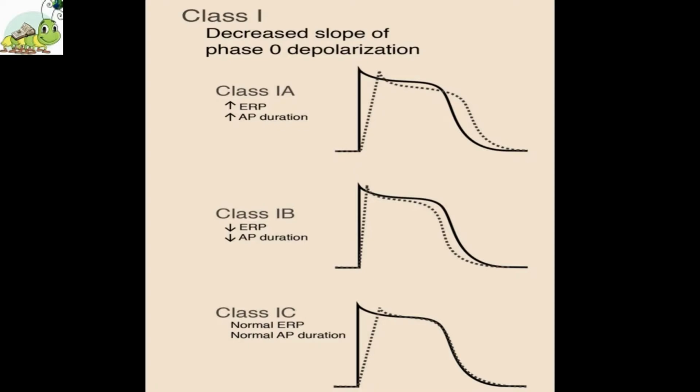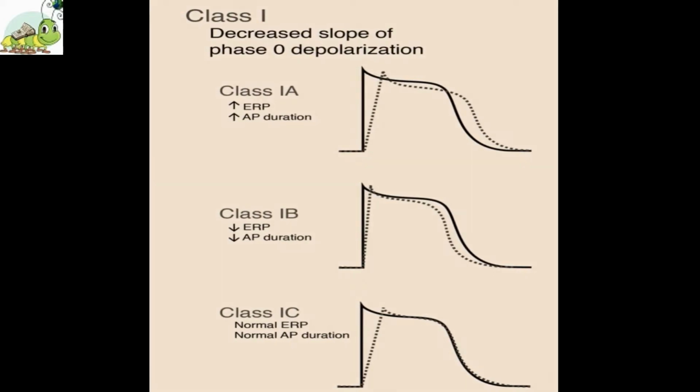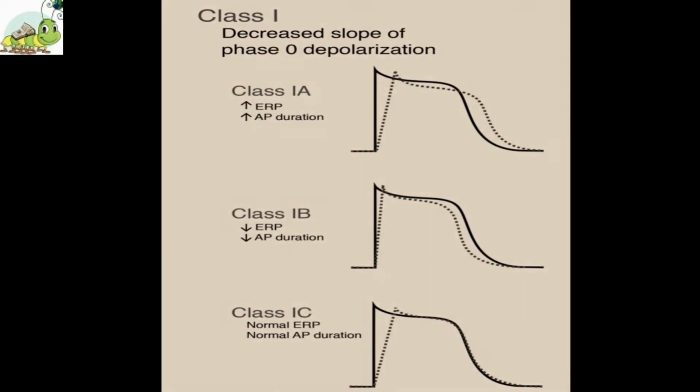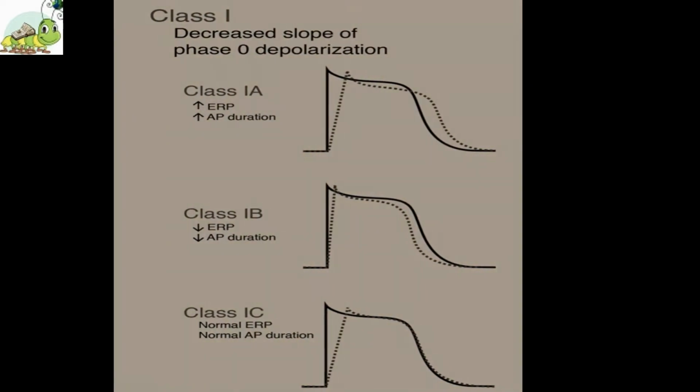Last, the drugs in class 1C produce a marked depression in the rate of rise of the membrane action potential and have minimal effects on the duration of the membrane action potential and ERP of ventricular myocardial cells.